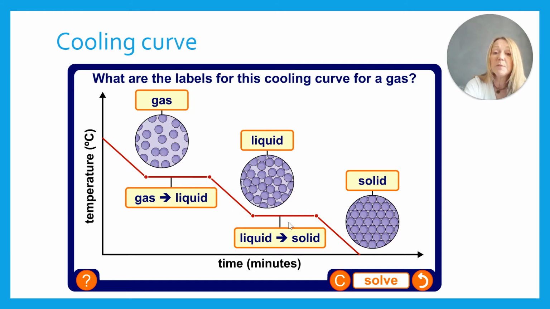And again at freezing point we have a mixture of liquid and solid whilst the material is changing state, and the temperature does not change. Energy is being released, created by the bonds being formed. So as the bonds form, energy is released, but the actual temperature of the material does not change. And once the whole of the material is a solid, then again we will have a reduction in temperature.